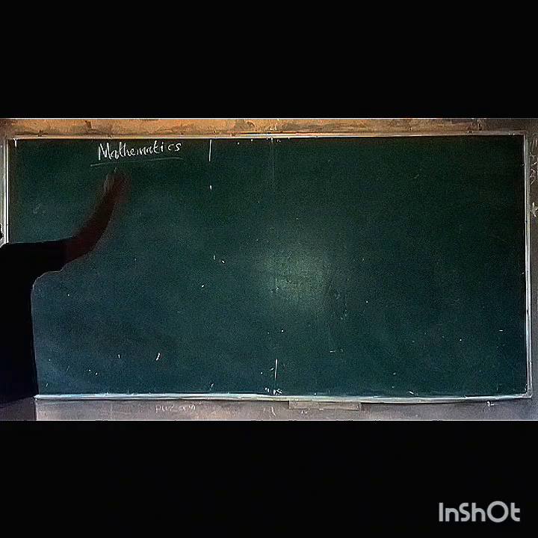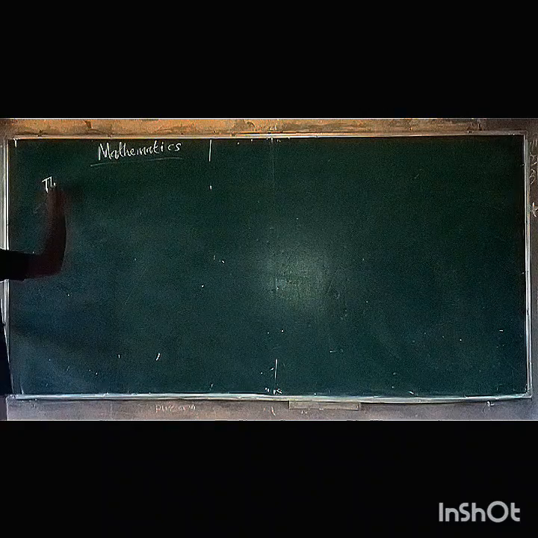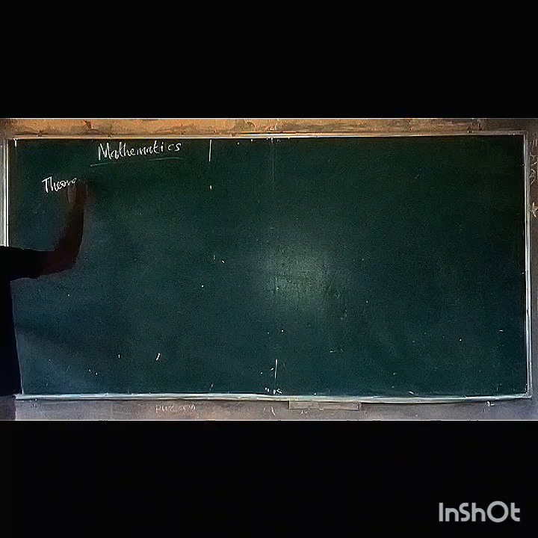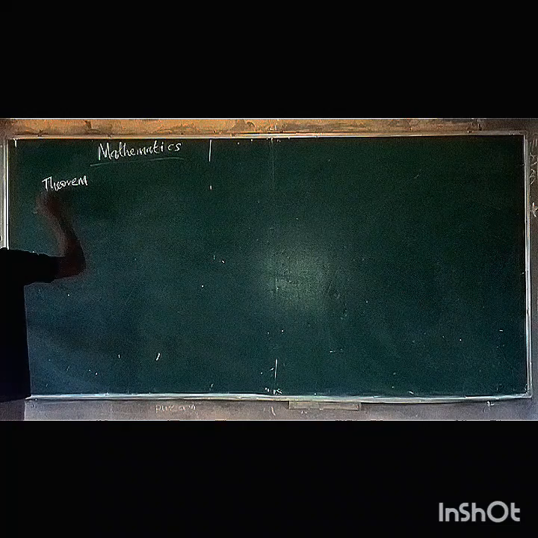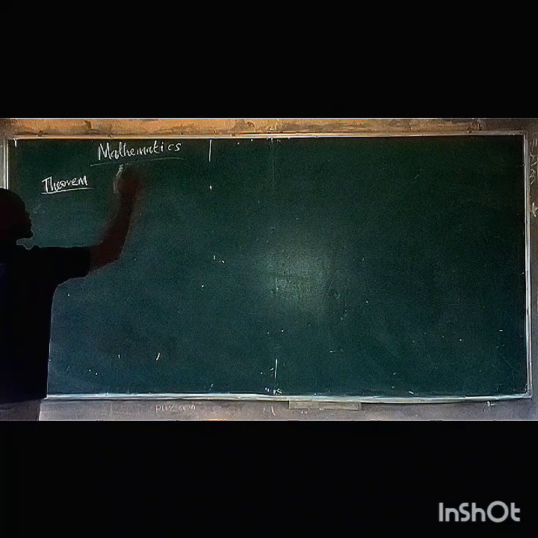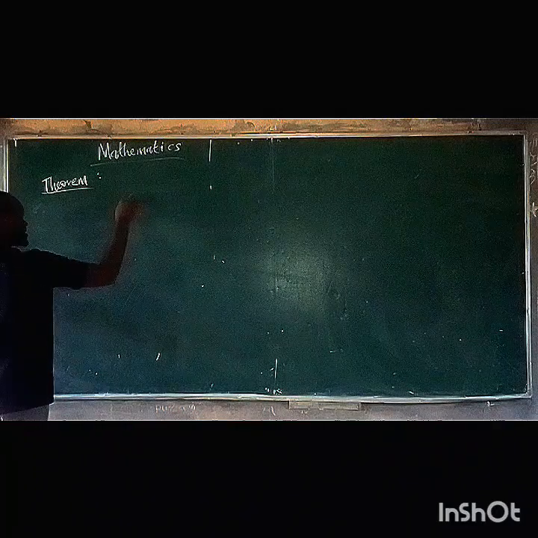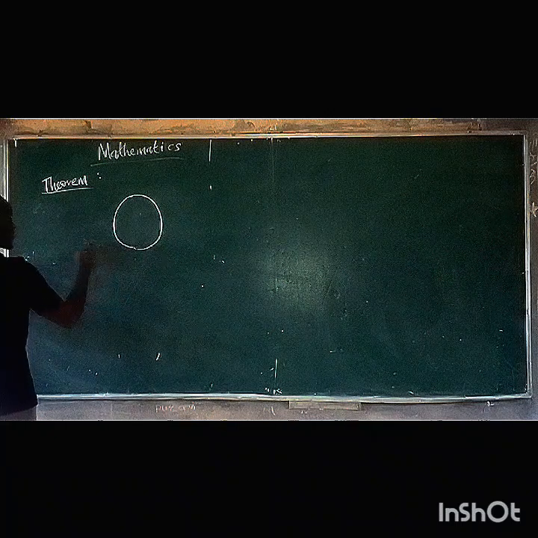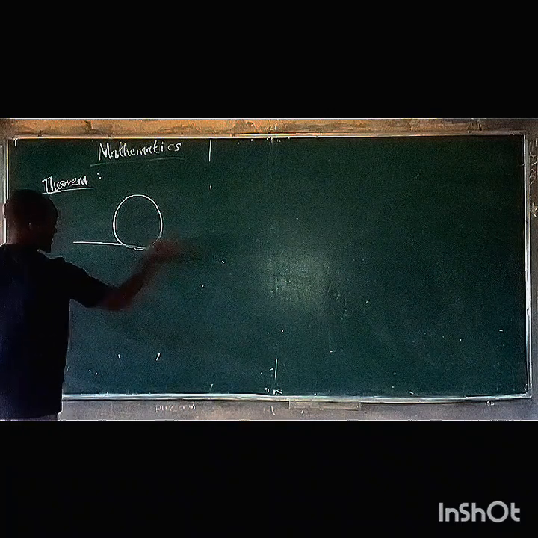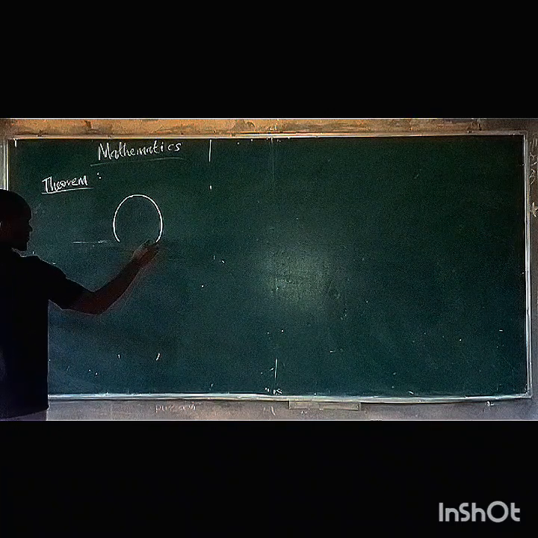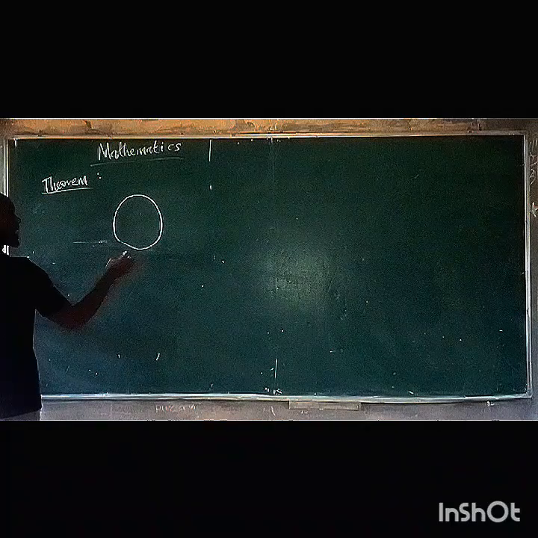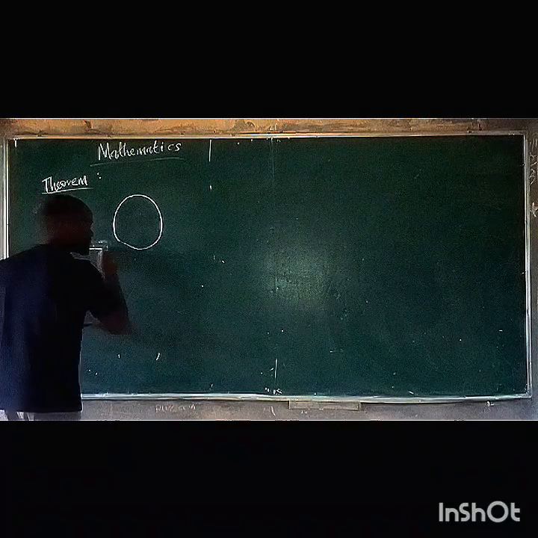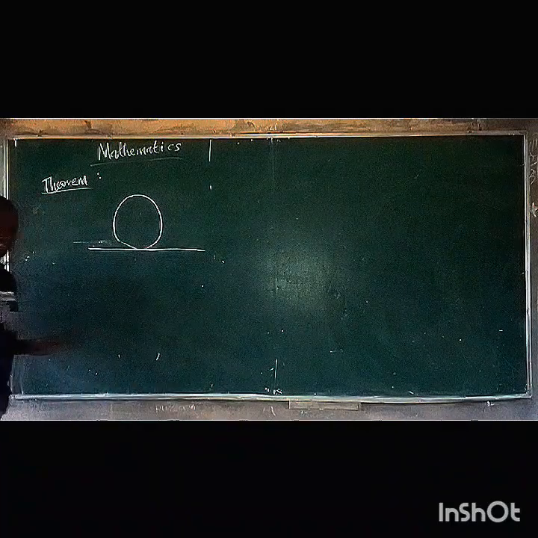In the fifth theorem, we're going to see the alternate segment theorem. Now, what does the alternate segment theorem state? Look at this line. Any line that cuts across a circle is called a dash.